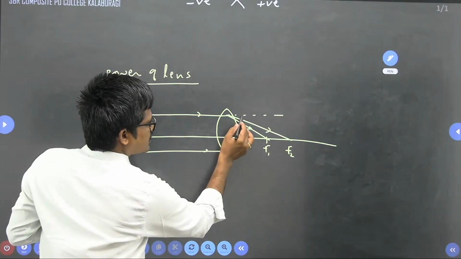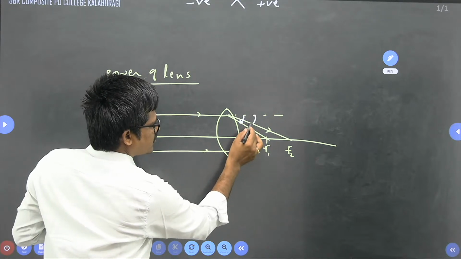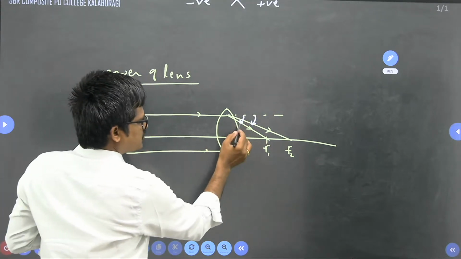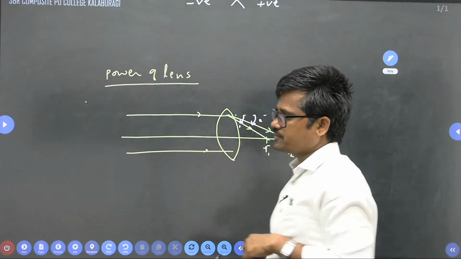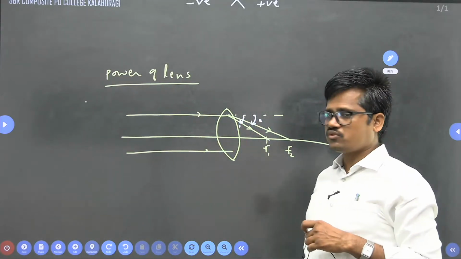So definitely the bending from here to here is more than the bending from here to here. Say this bending is 1 and this bending is 2. Which bending is more? Bending 1 is more than bending 2, no?